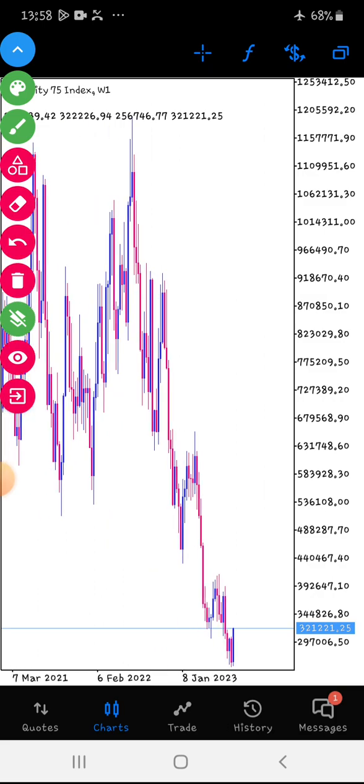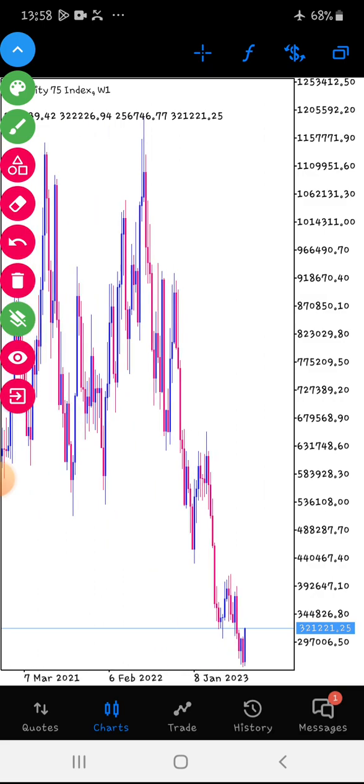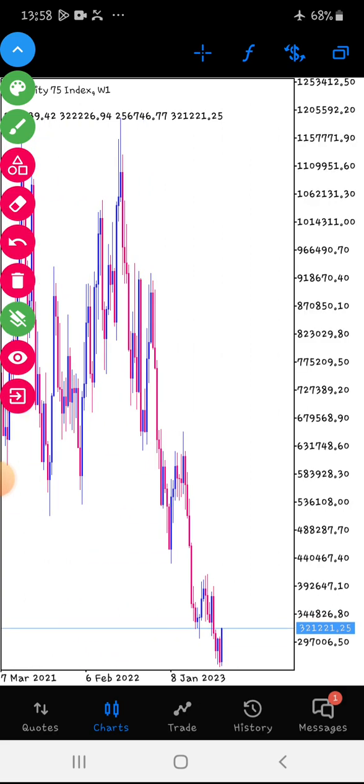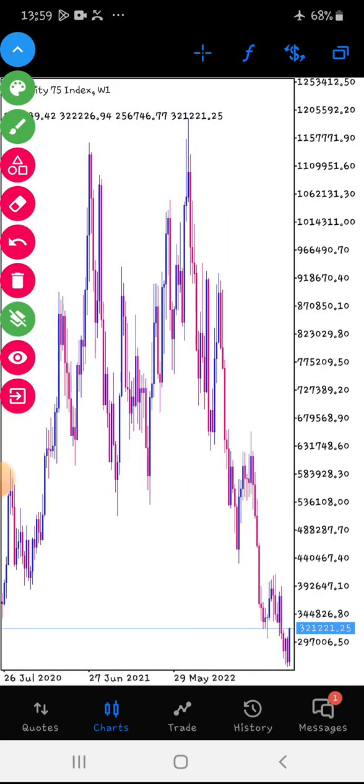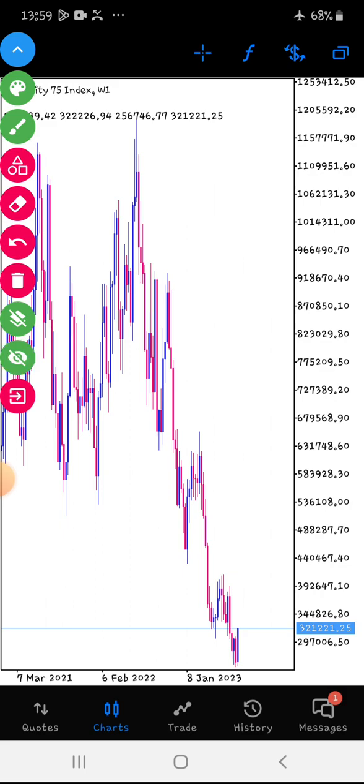When you are trading volatility 75 index, you have to do your market analysis. As you're making your market analysis, you have to come on the weekly time frame or the daily time frame to find the overall direction. We can see that right now the market is making lower lows, lower highs, lower lows, lower highs.